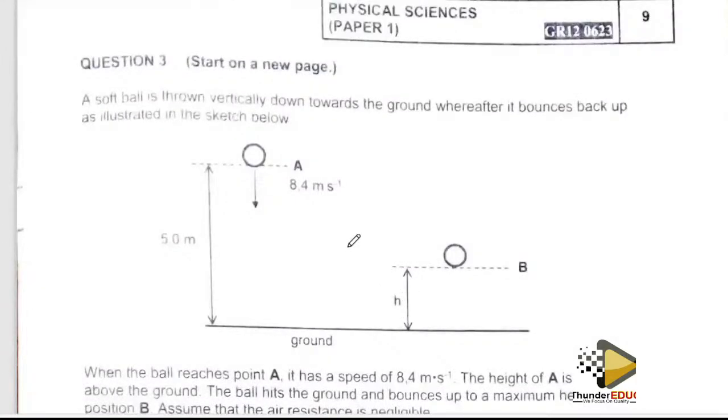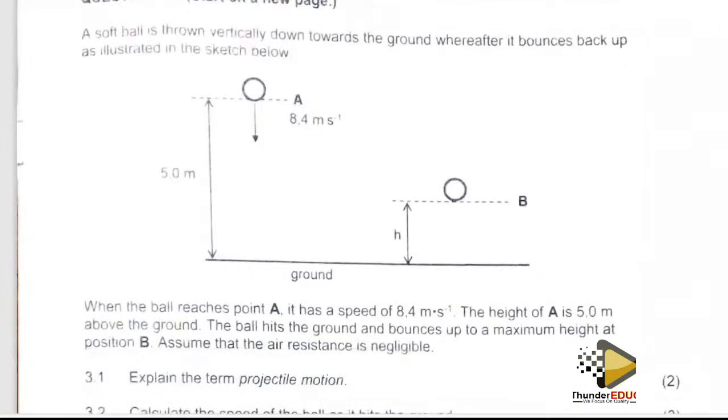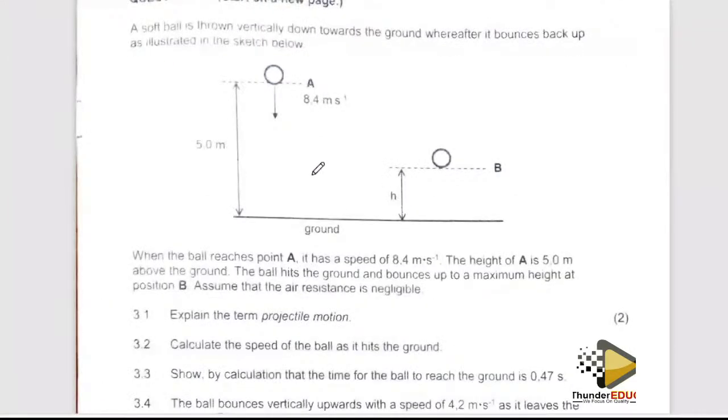Question number 3, they're telling us a softball is thrown vertically downwards, towards the ground, and after it bounces back up, as shown in the diagram. Then they're telling us that when the ball reaches point A, it has a speed.